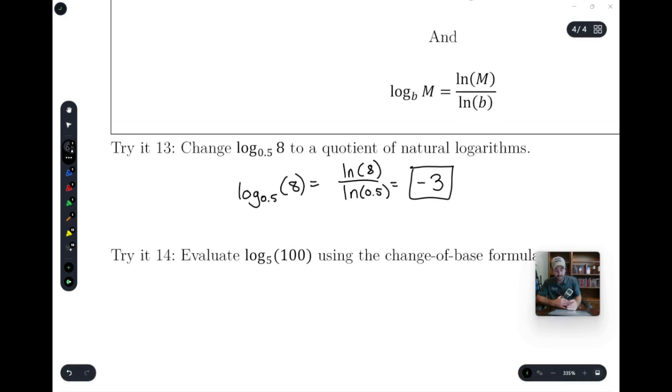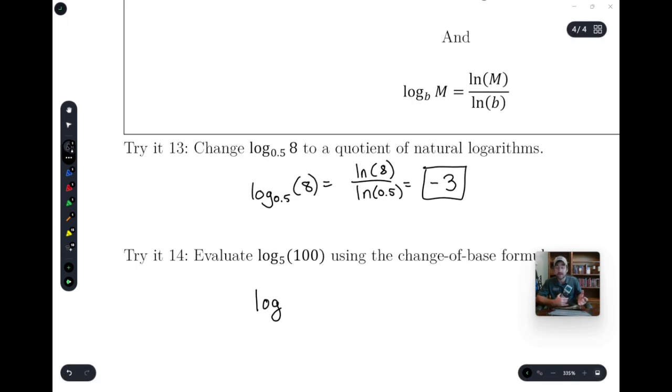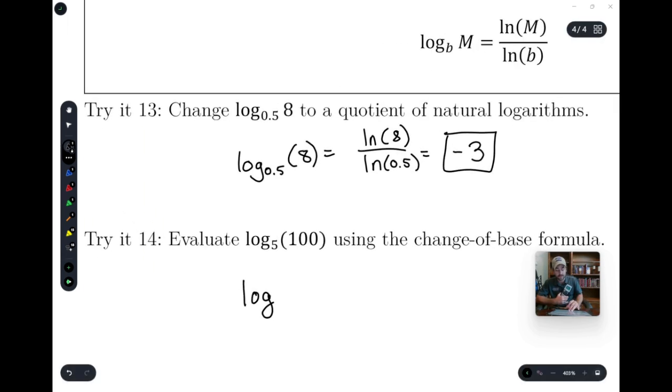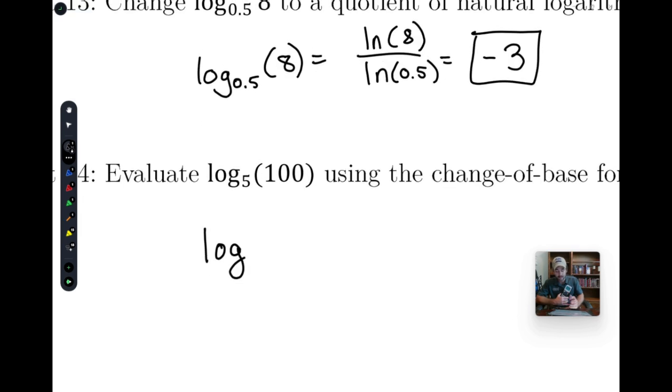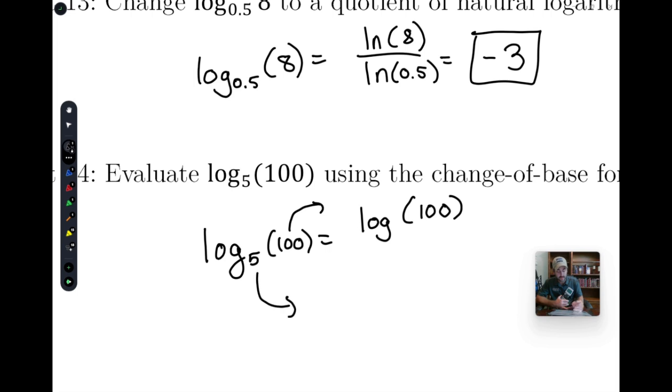Do it one more time. It doesn't tell us whether to use log or natural log. I'm going to use log so we have a different example. Log base 5 with an argument of 100 is equal to the log with a base of 10, leave it alone, of 100, because that argument's going on top and the base is going on bottom, over the log of 5. And now we can type that into our calculator.